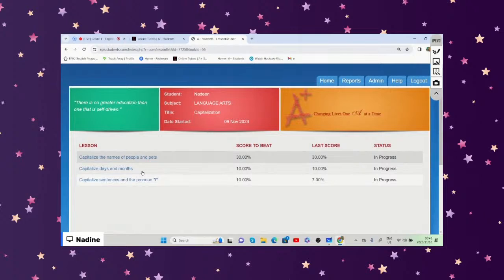We also name the pets, right? The names of the pets we write in capitals. But if we just say dog, cat, chameleon, that is lower case. And then we write days of the week, months of the year with capital letters as well as pronoun I.